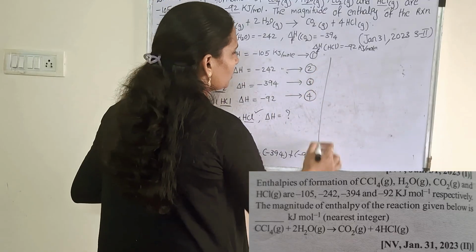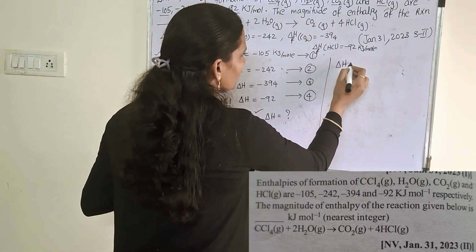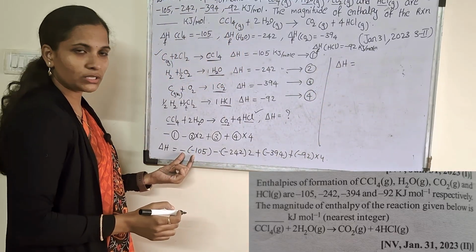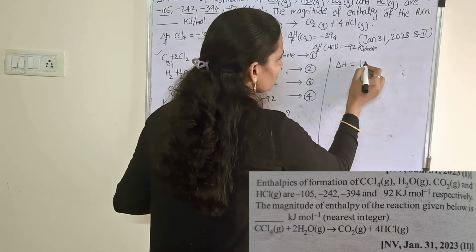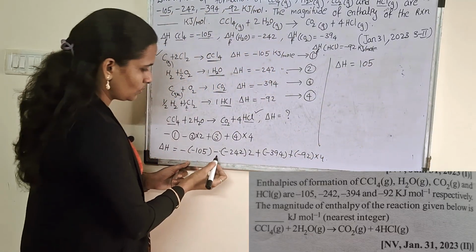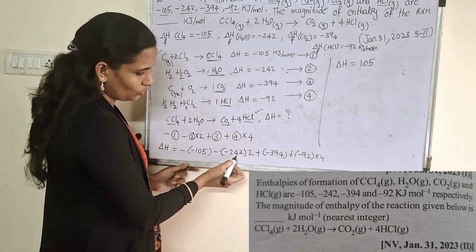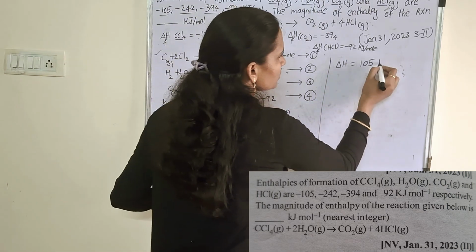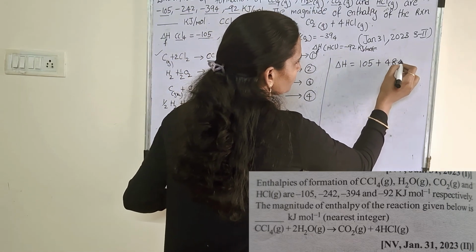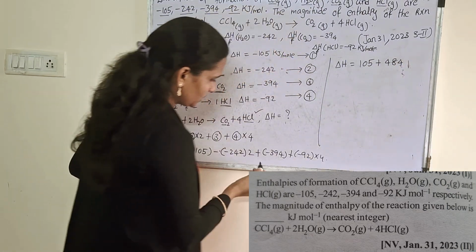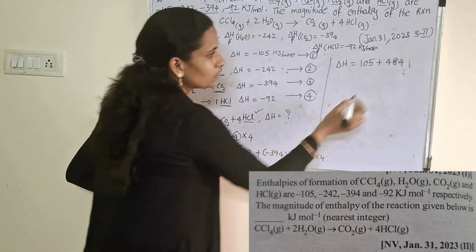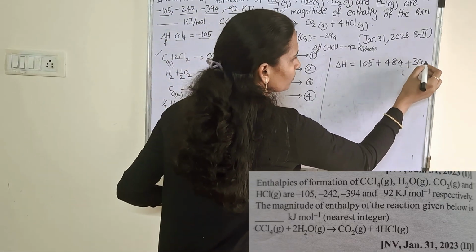Now calculate the delta H value. Delta H equals minus of minus 105, that is plus 105. Next, minus of minus 242 into 2, that is plus 484. Next, plus minus 394.